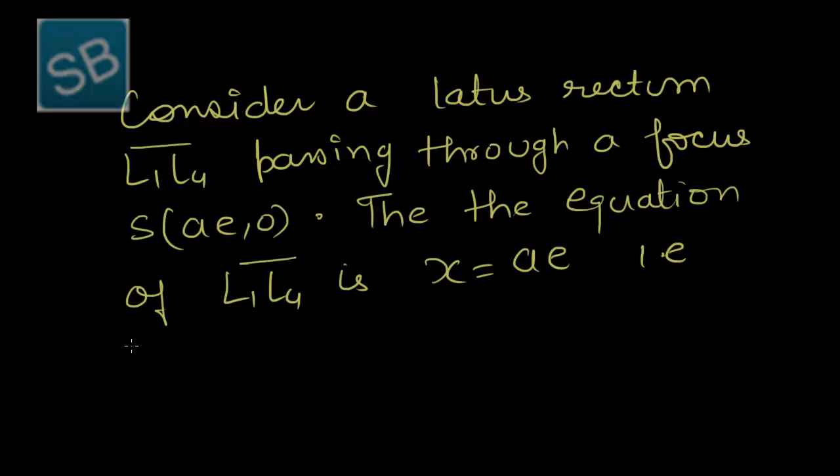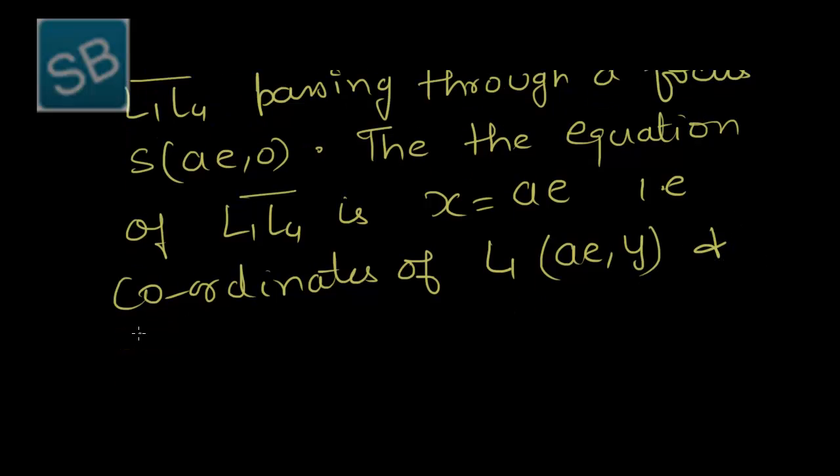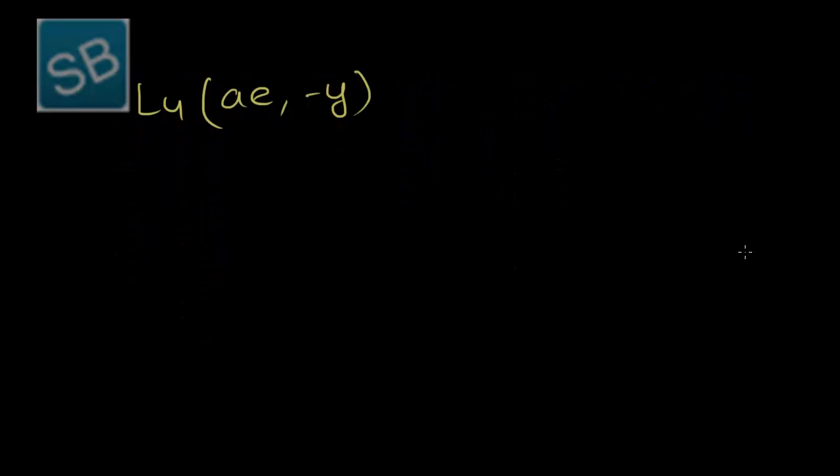That is, coordinates of L1 are (ae, y) and L4 are (ae, -y). So first we draw the diagram to understand the positions of L1 and L4.